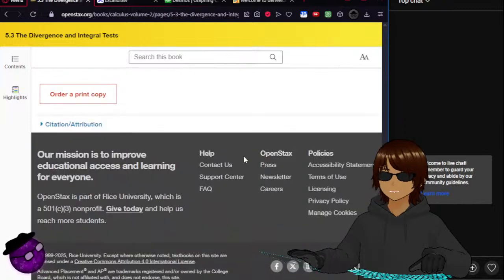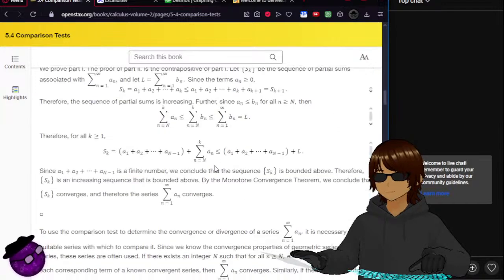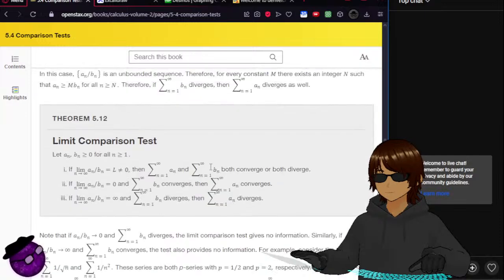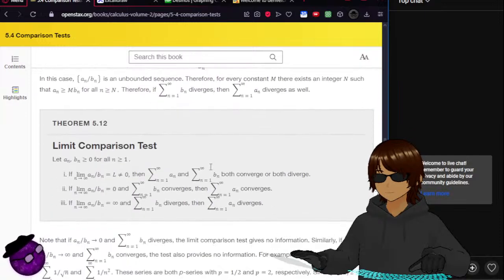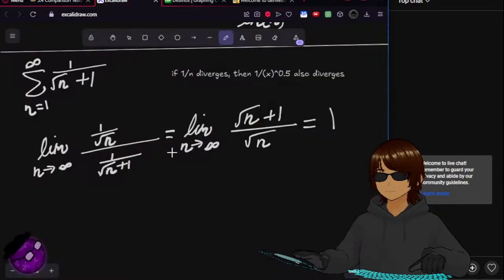Either they both diverge or they both converge.